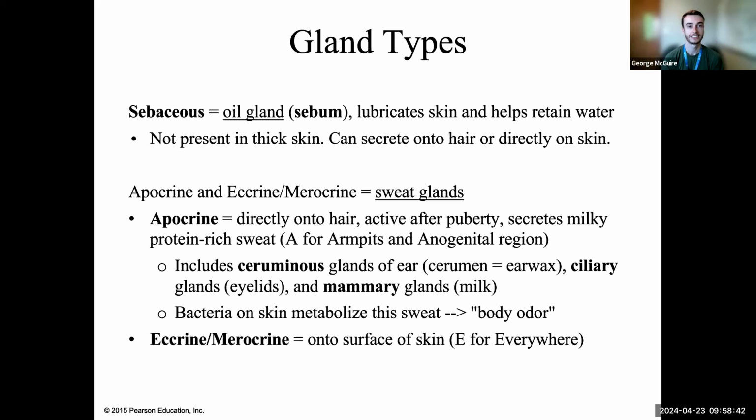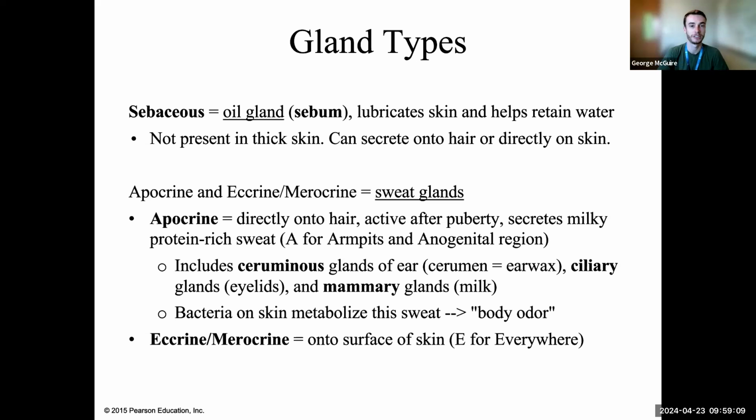But apocrine glands can also be further modified into the glands that secrete earwax, our ceruminous glands, our ciliary glands of our eyelids, and our mammary glands, which secrete milk. These are all different modified versions of sweat glands, modified versions of apocrine glands. So ceruminous glands secrete earwax or cerumen into your ears for protection.